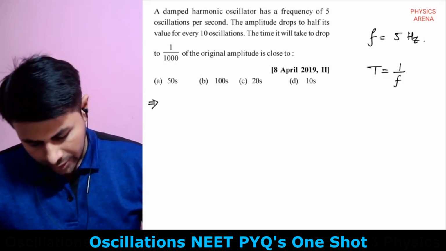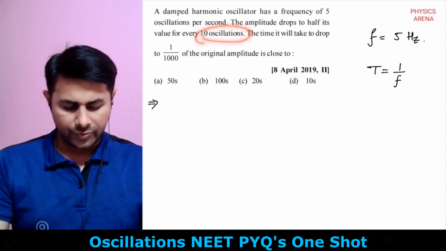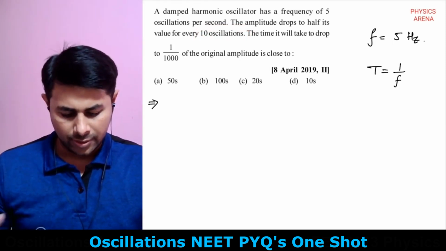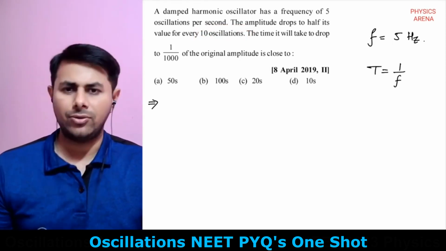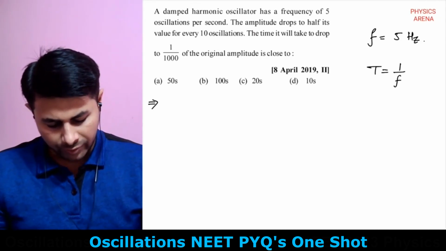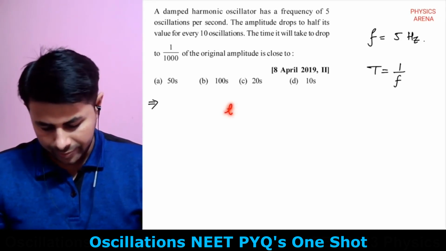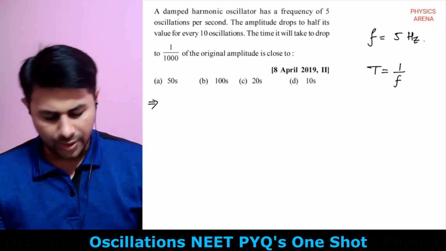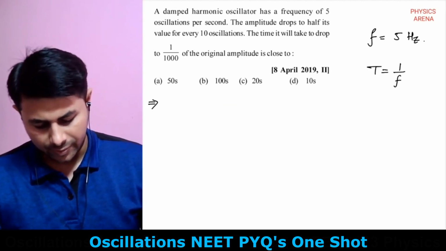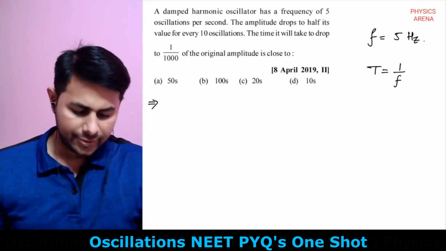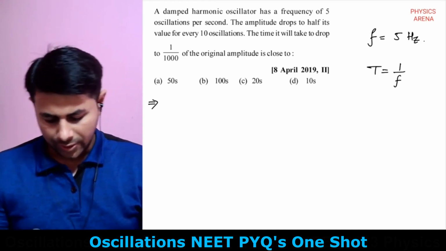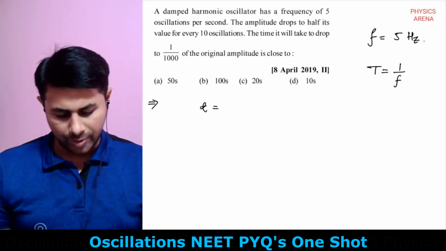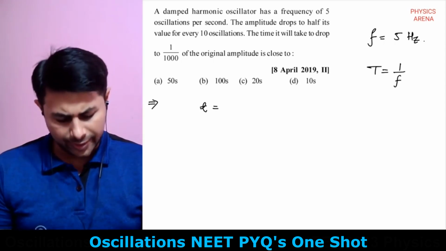So every 10 oscillations, its value is dropping to half. In every second it performs 5 oscillations, so how much time will it take to perform 10 oscillations? 2 seconds, right?